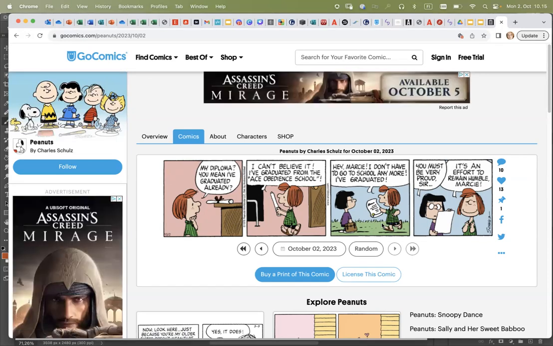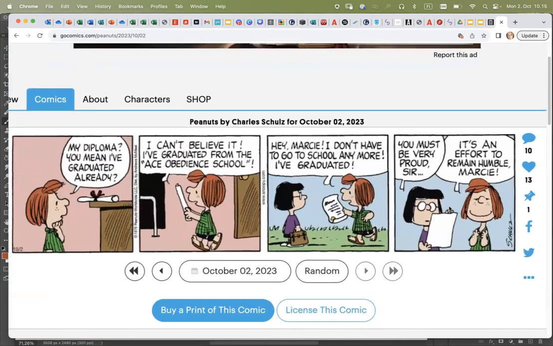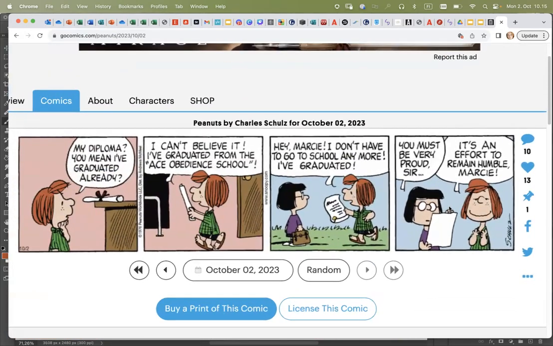Marcy is always trying to get things right and also getting very good grades at school, but she is very bad at sports, and Peppermint Patty is really good at sports, but doesn't understand anything about school, really.